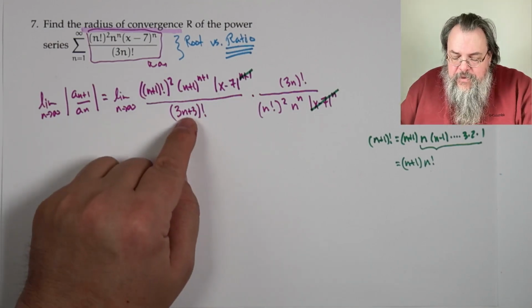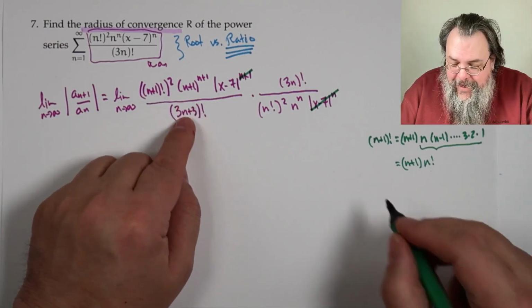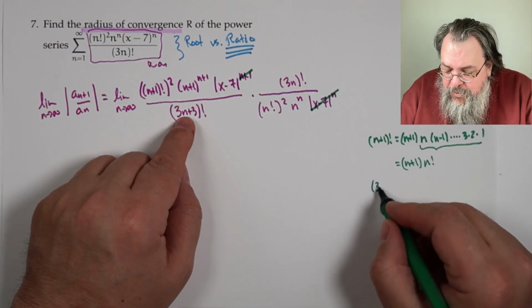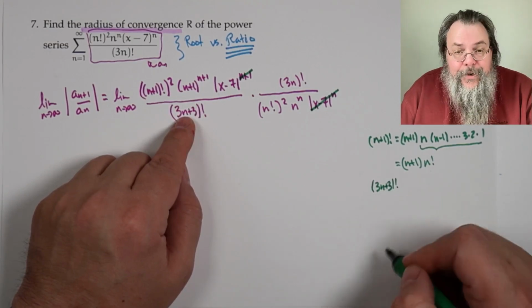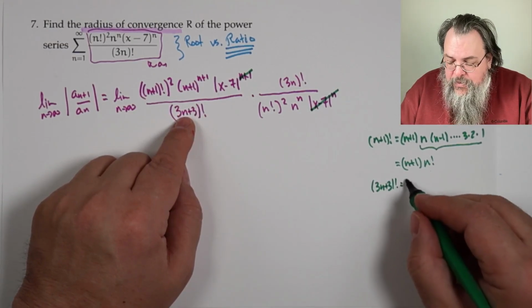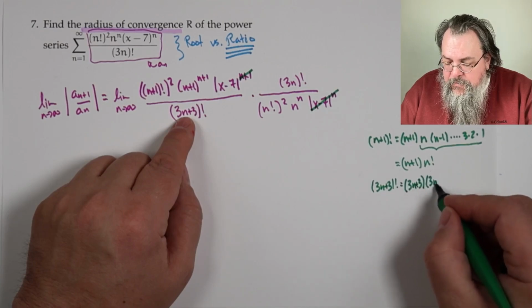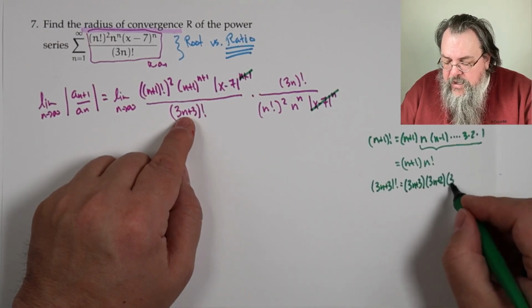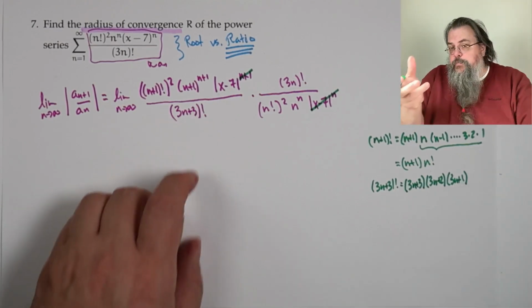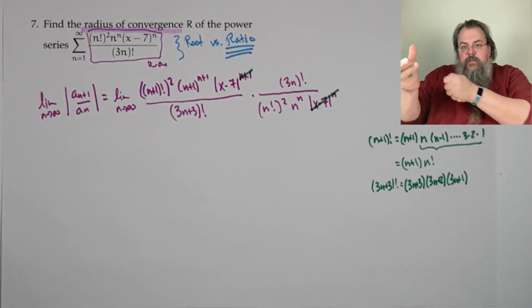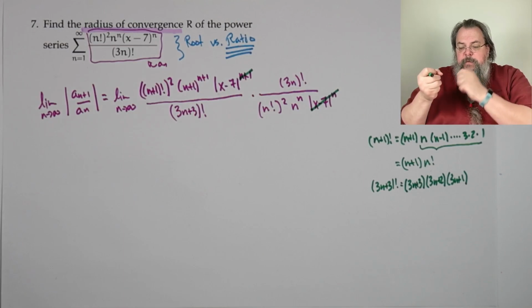And the reason I point this out is, hey, I have a (3n plus 3) factorial. So what can we do? Well, we start pulling off terms. I'll pull off a 3n plus 3. The next term, that's 3n plus 2. Next term, that's 3n plus 1. I'm just pulling terms out. Boom, boom, boom. This is what the start of (3n plus 3) factorial looks like.